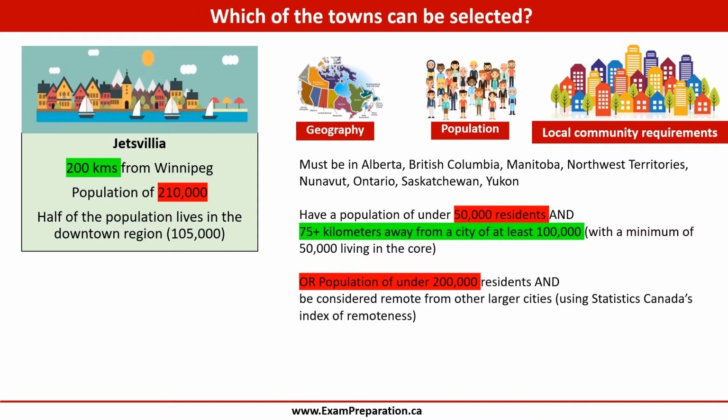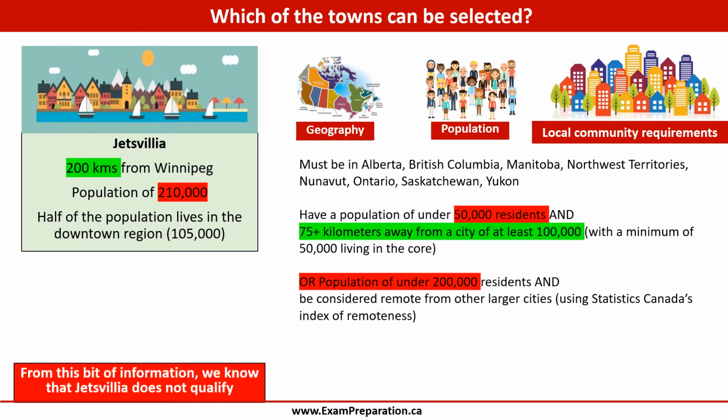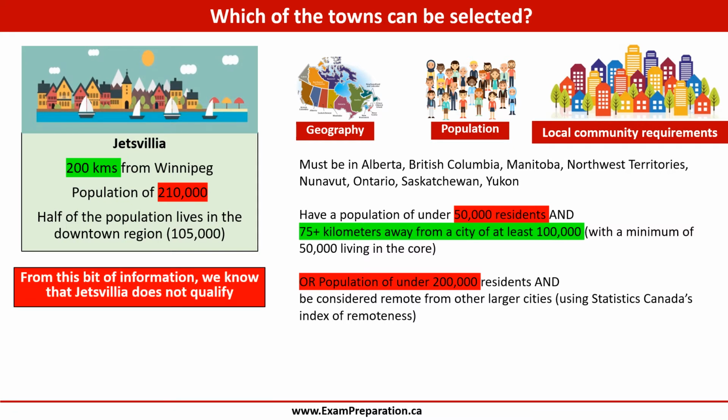We can see that JETS Vilia has a population of 210,000, and as we can see highlighted in red over here, the town has to have a population of under 50,000 or under 200,000, and then those geography requirements come in. So with this information, we know that JETS Vilia does not qualify. Even though we had a ton of information about JETS Vilia, the important piece of the puzzle was simply population.